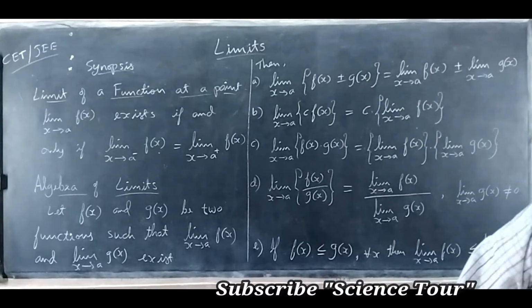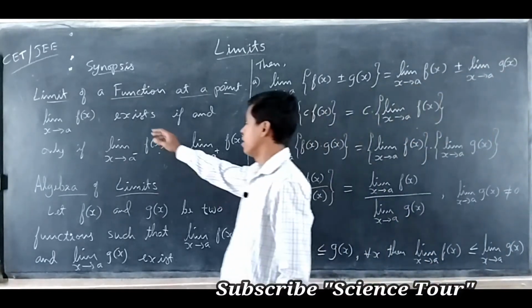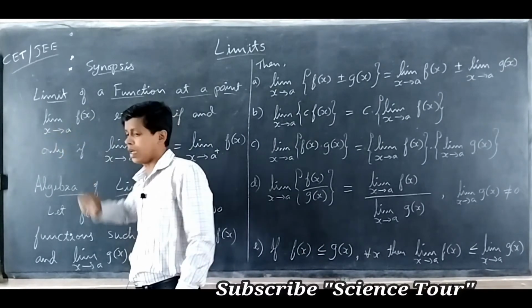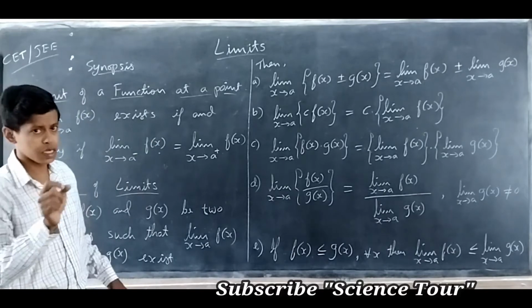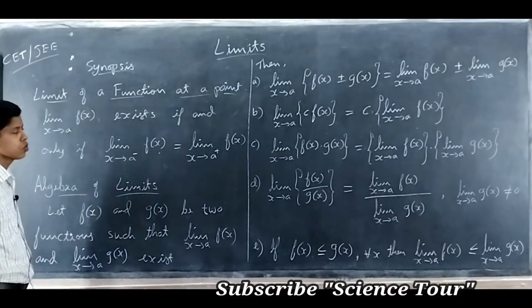If you have to find the limit of f of x as x approaches a, so a is the given point here. How do you find the limit of f of x at x is equal to a?